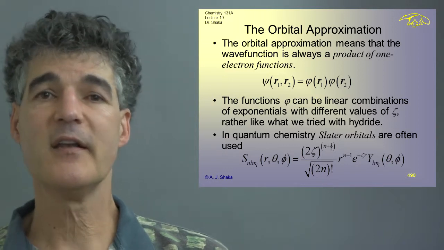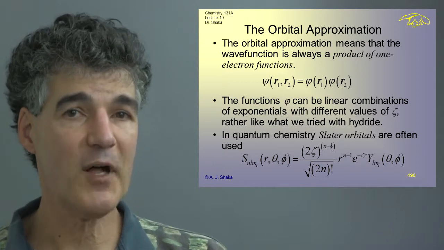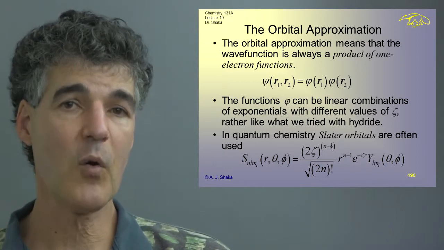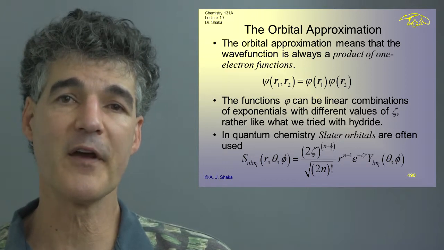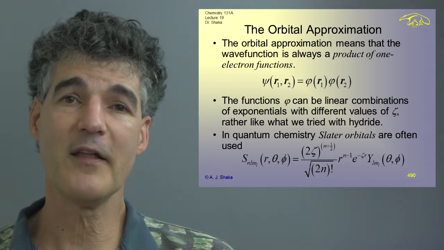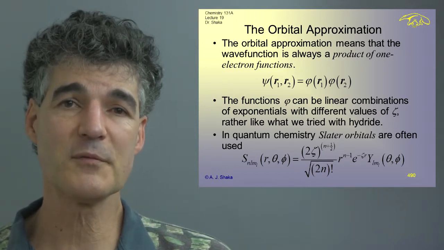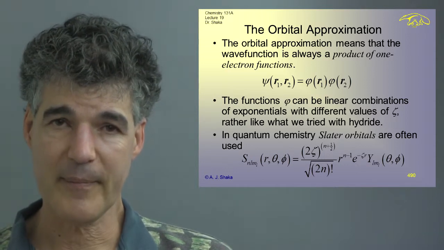The key is that you have one and you have the other one, and you multiply them together to get the total. You can't just have something else. If you put R12 in there, then it won't separate. That's basically why the whole problem was so messy in the first place, because R12 wouldn't separate.